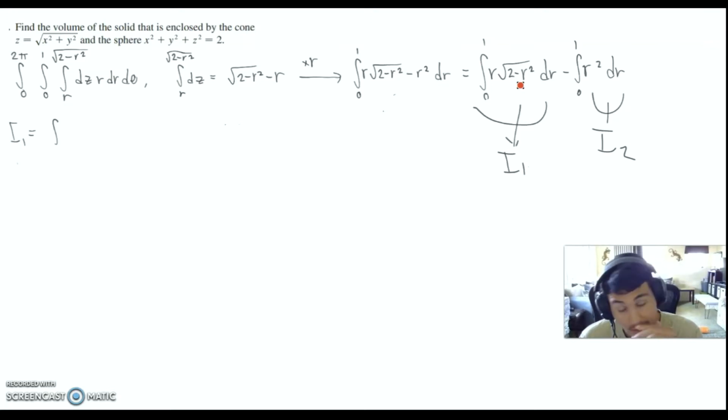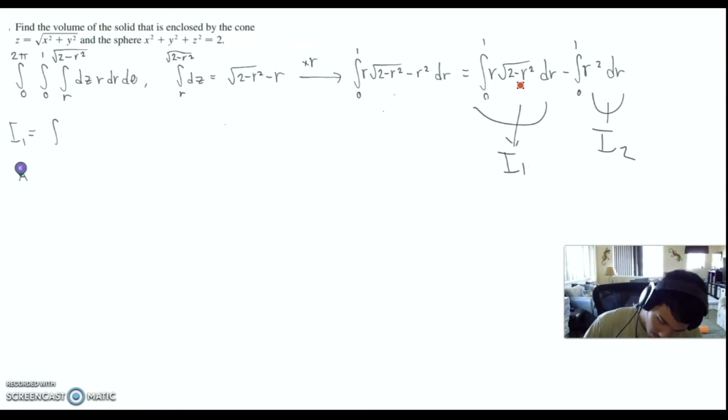At the same time, it's going to make your life easier, because you do need that r in front to actually make a legitimate substitution here. So let's just pick a variable here. I like to say a. If we let a be 2 minus r squared, then dA, the derivative of a, is going to be, one second, minus 2r dr.